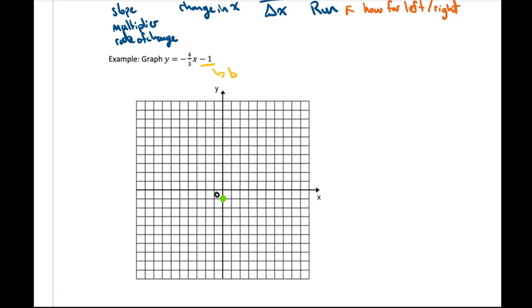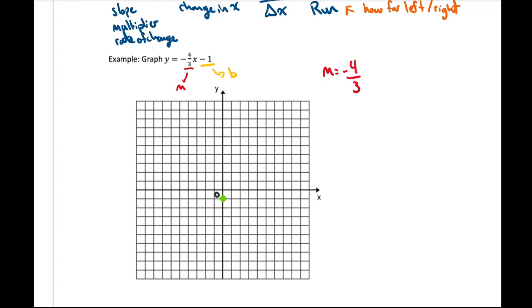Now, to figure out where my next point needs to go, I'm going to use my multiplier, this m value, which is negative 4 over 3.